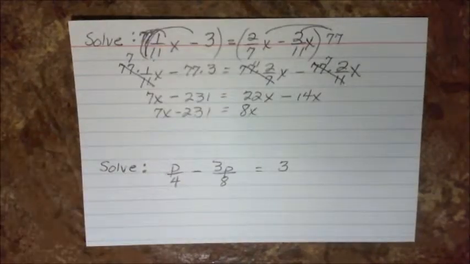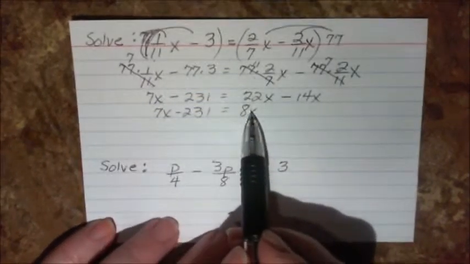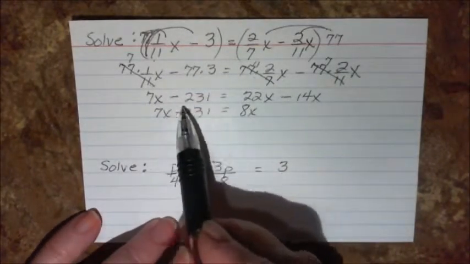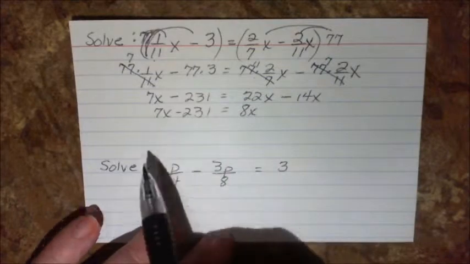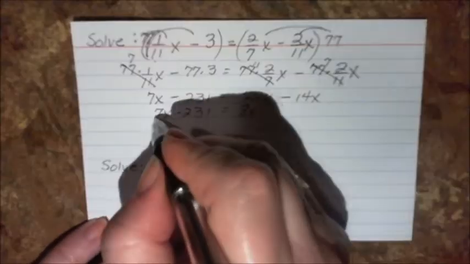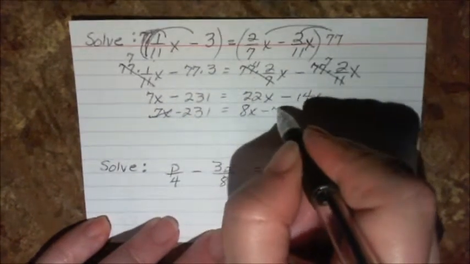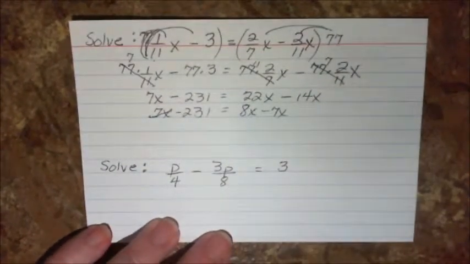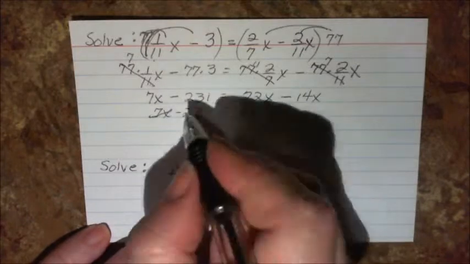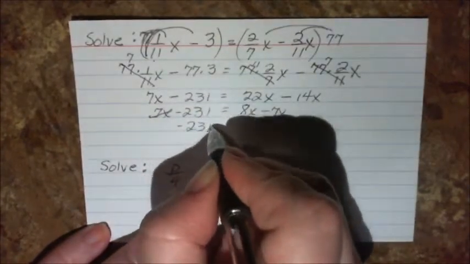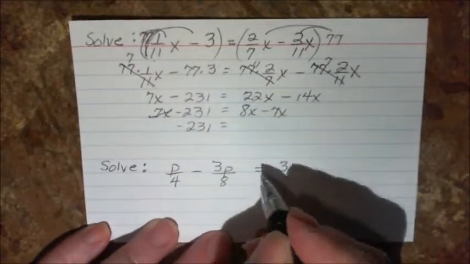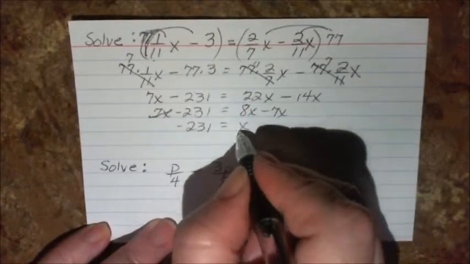Okay, at this point we only have x's on this side, so we might just want to leave the constant here and eliminate the x term on this side. So that would take a minus 7x to eliminate it on this side, and a minus 7x on the other side to keep things equal. Then we have negative 231 is equal to 8x minus 7x is 1x.